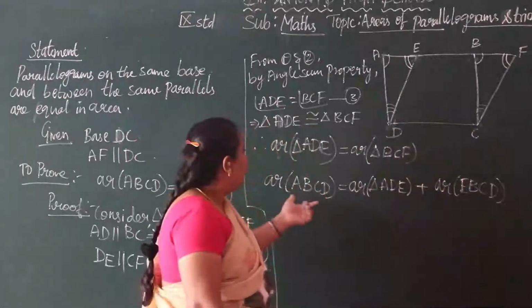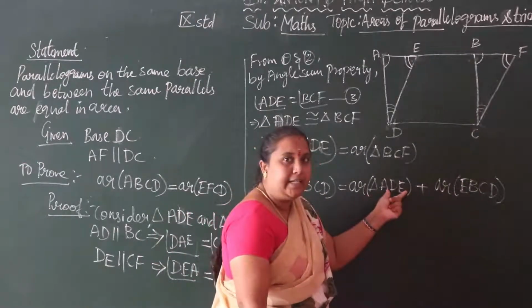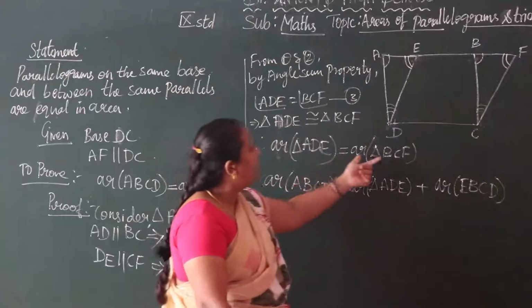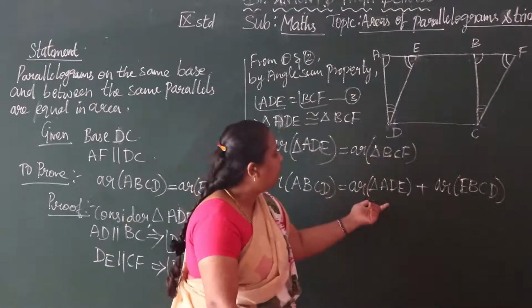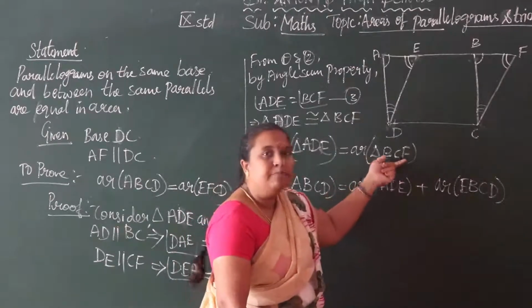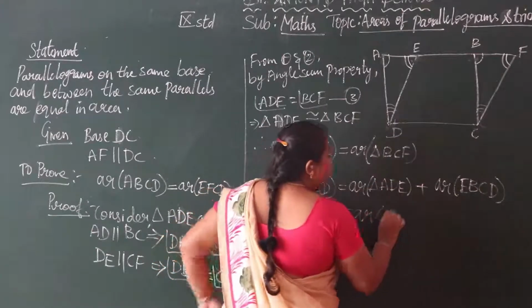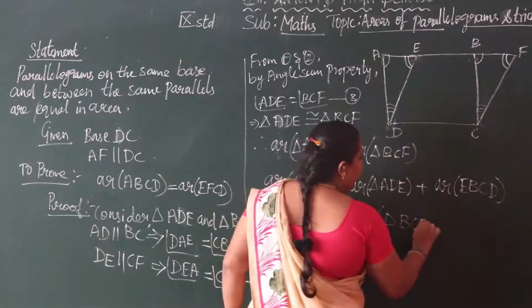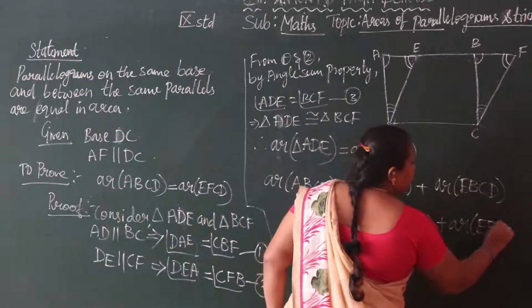Now we write area of triangle ADE as area of triangle BCF, since these two are equal. So that is area of triangle BCF plus area of EBCD.